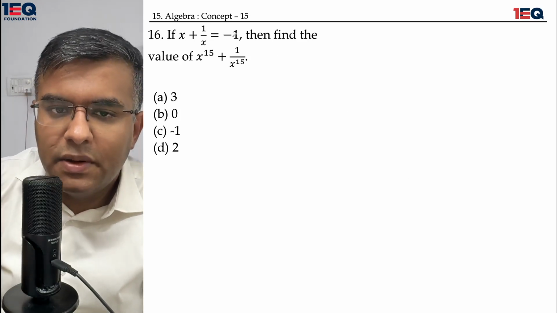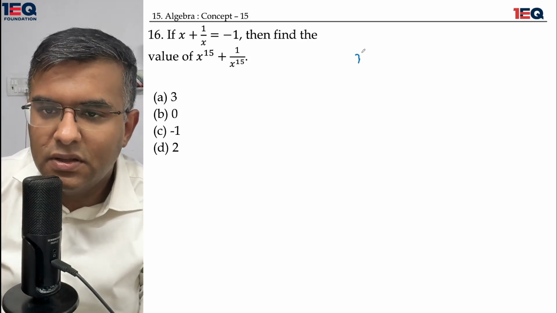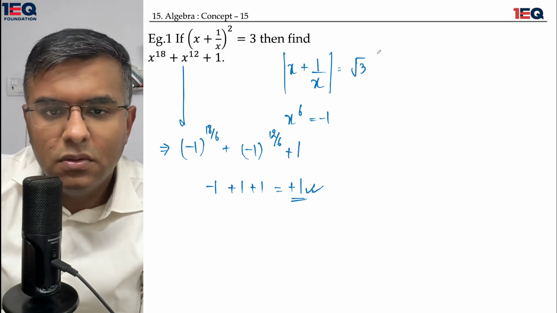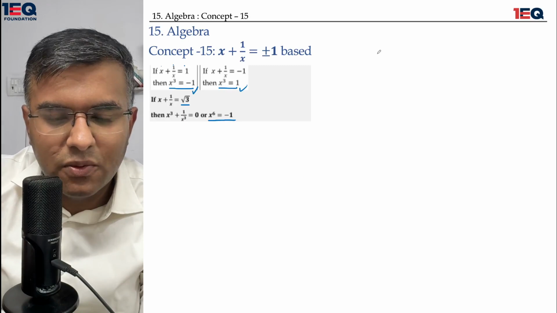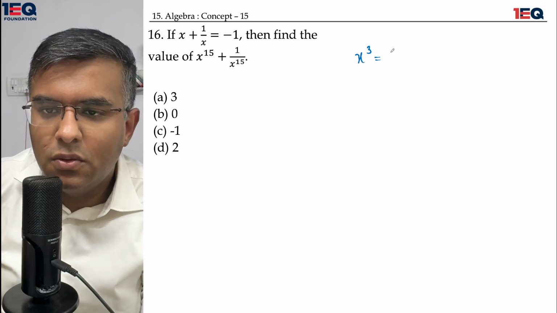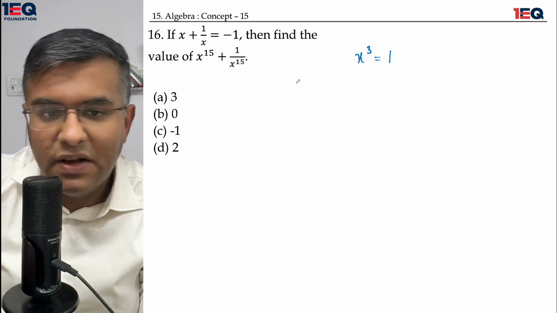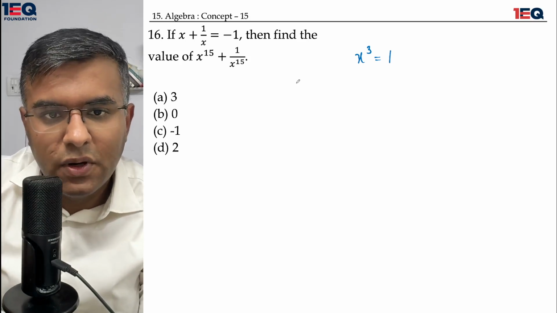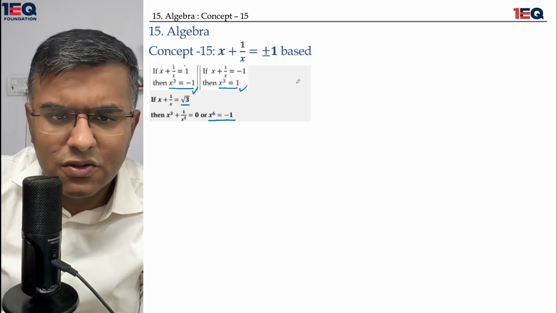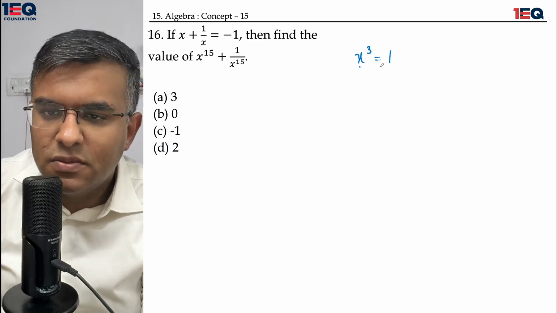X plus 1 by x is equal to minus 1. Okay, so we've already dealt with it. This means that the value of x cube is equal to, let me check it for my own experience, that the value of x cube would be equal to 1. So if the value of x cube is going to be 1 or minus 1, let me check it one more time. The value of x cube is going to be 1.